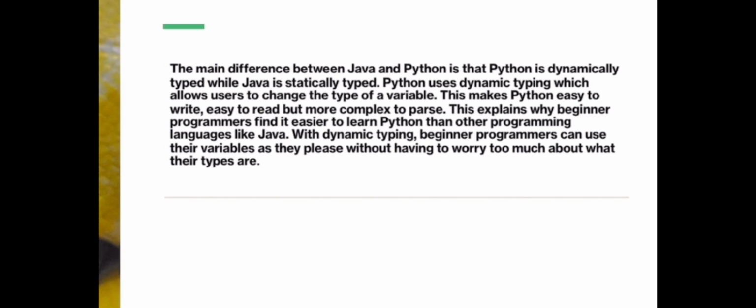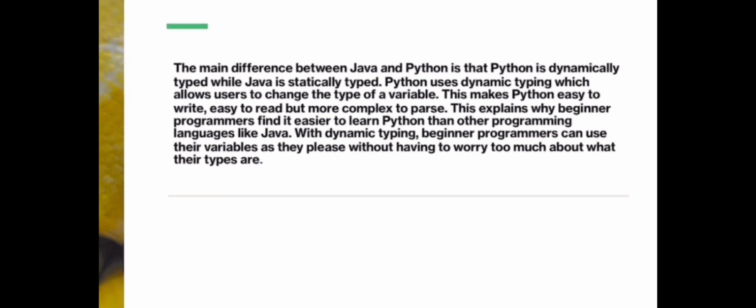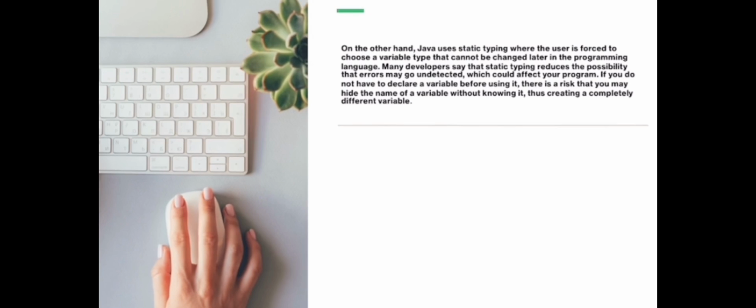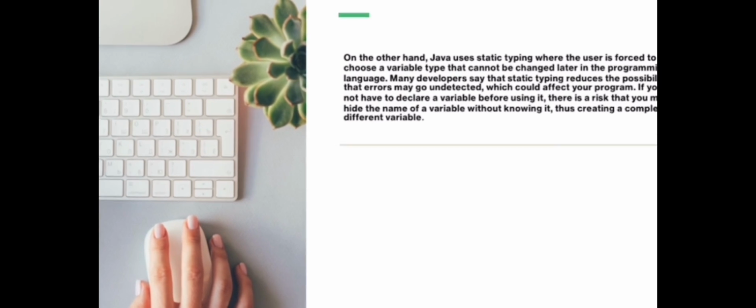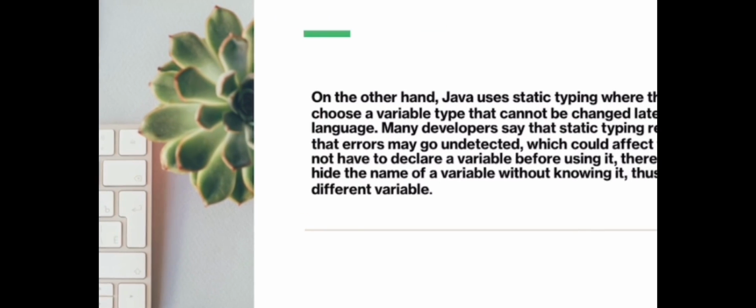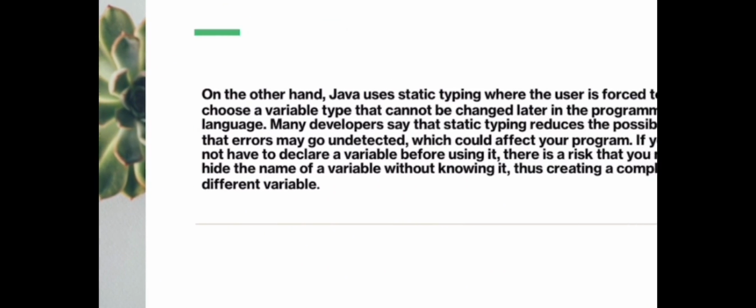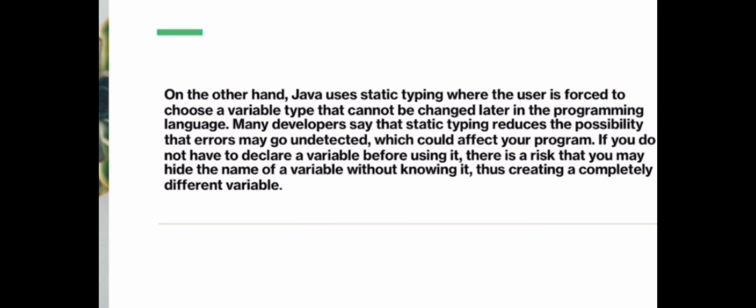With dynamic typing, beginner programmers can use their variables as they please without having to worry too much about what their types are. On the other hand, Java uses static typing where the user is forced to choose a variable type that cannot be changed later in the program.